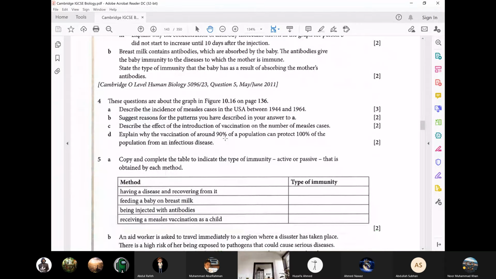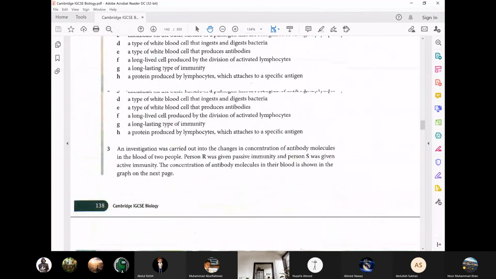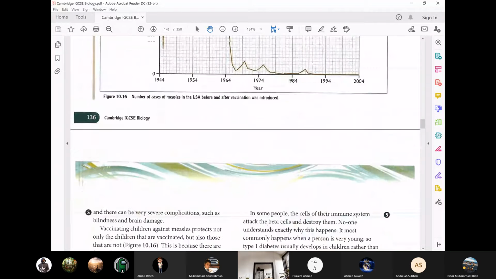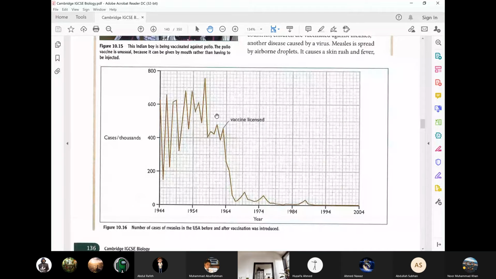Next question, boys. These questions are about the graph in figure 10.16 on page 136. Let's go to page 136. This is the graph. This is the number of cases of measles in the USA before and after the vaccination was introduced. Look here.